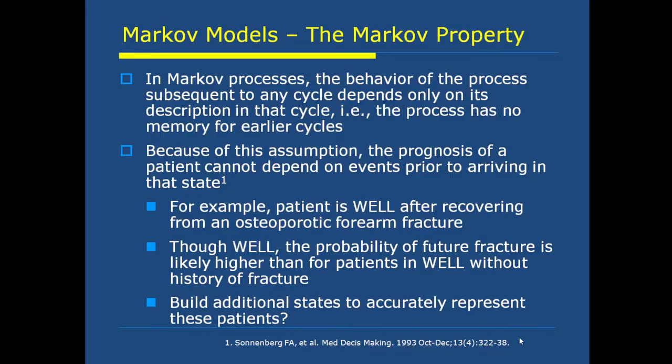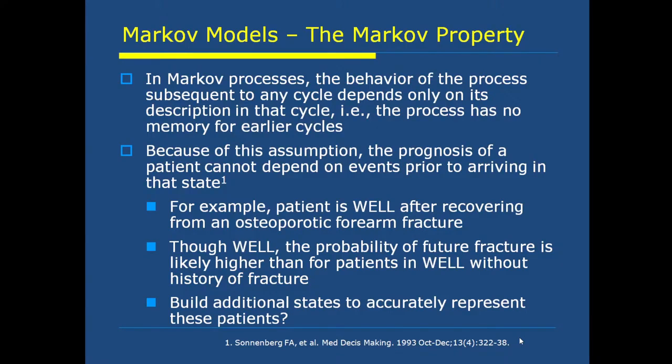In Markov process, the behavior of the process subsequent to any cycle depends only on its description in that cycle. The process has no memory of earlier cycles. Because of this assumption, the prognosis of a patient cannot depend on events prior to arriving in that state.